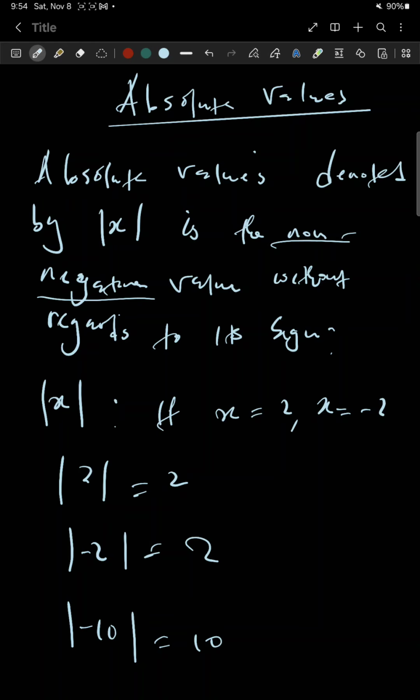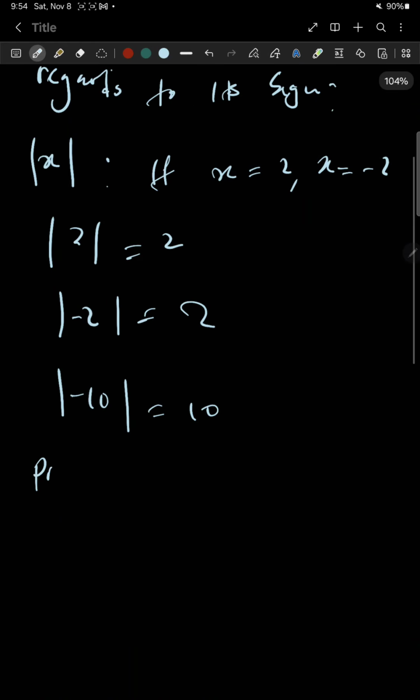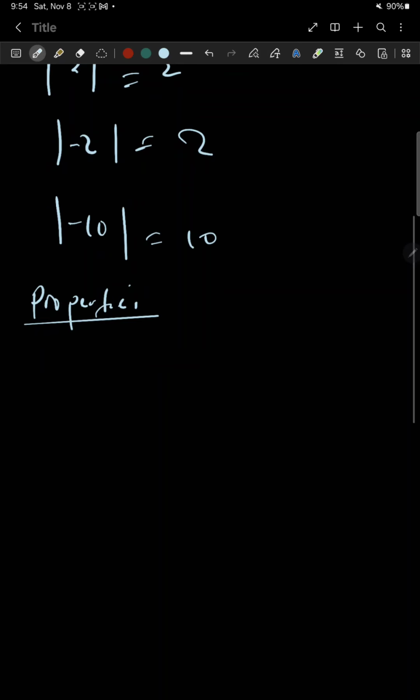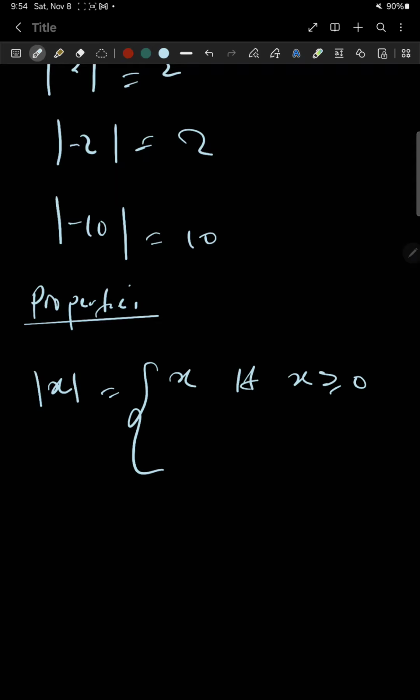Now, one of the properties that you need to know. The main property is that the modulus of x is equal to x if x is greater than or equal to 0, and -x if x is less than 0.